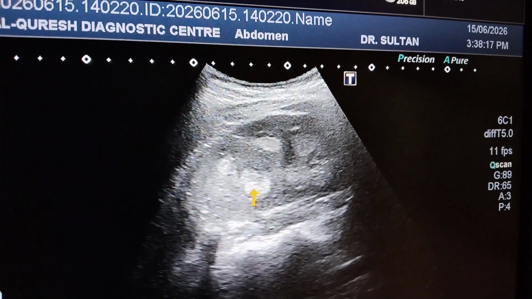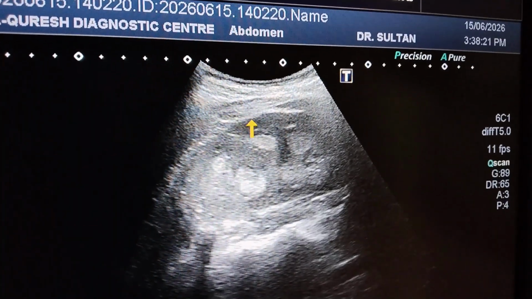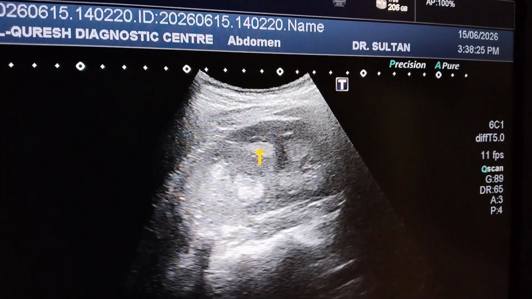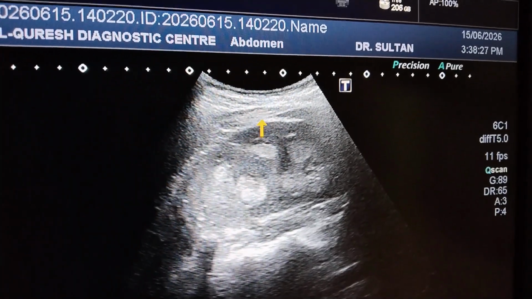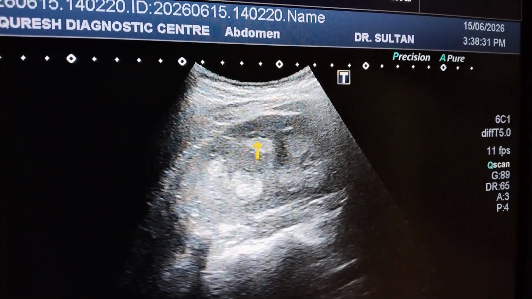What are the pyramids? This is the medulla of the kidney. So kidney has cortex, medulla from the outer to inner. Outer is the cortex and then inner is the medulla.